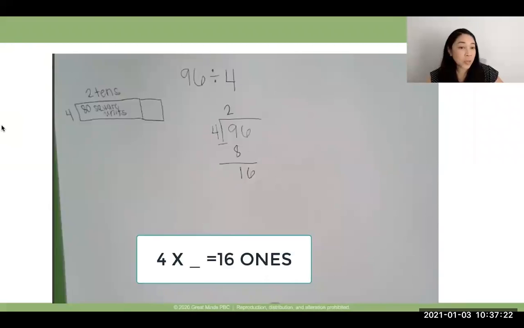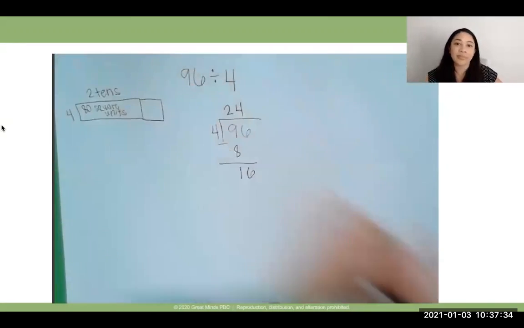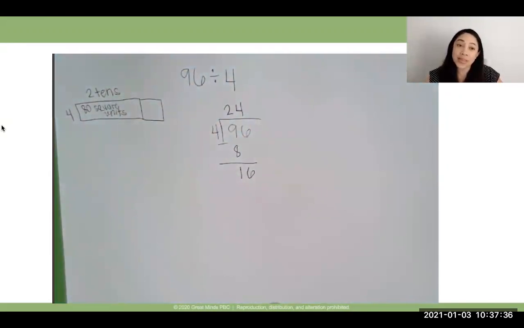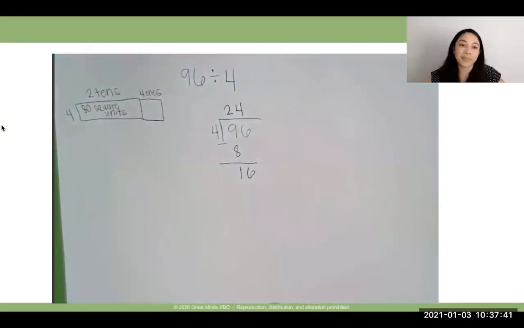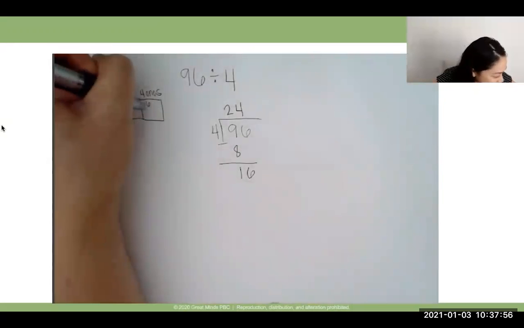Four times how many ones gets us as close as possible to an area of 16 units? 4 ones. Let's give 4 ones to the length. What is 4 times 4? 16. We have 16 square units.